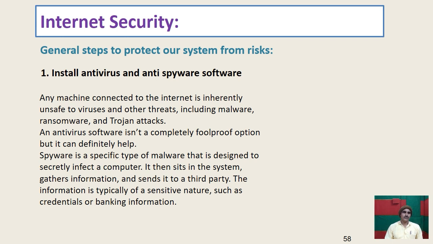So to avoid these different harms, you have to install antivirus and anti-spyware software on your computer system, and you can keep your system, your storage, your credentials, and your information safe from viruses.